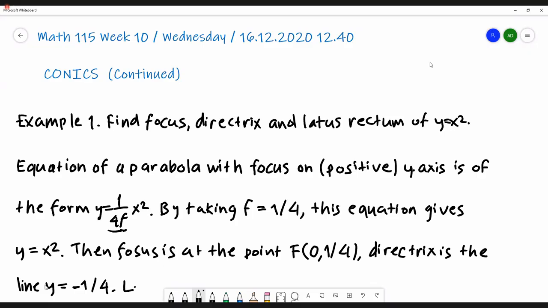And the length of the latus rectum, as we have seen last time, is equal to 4f, so it is equal to 1.